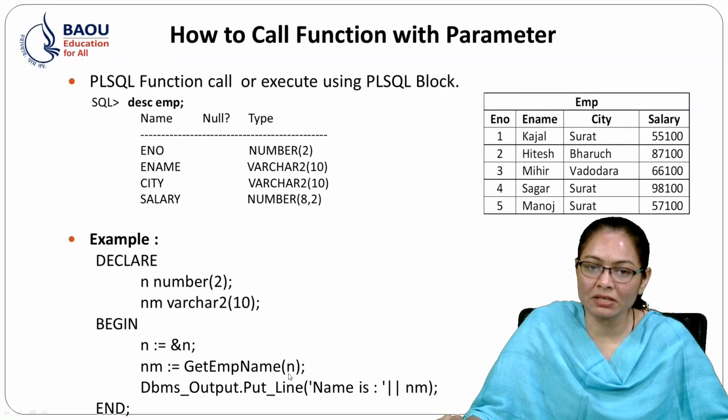In this function we pass the employee number 5. This function accepts the 5 and returns the name, and then this name is displayed by this statement. So we pass the employee number, and the function returns the employee name, which is stored in the nm variable.